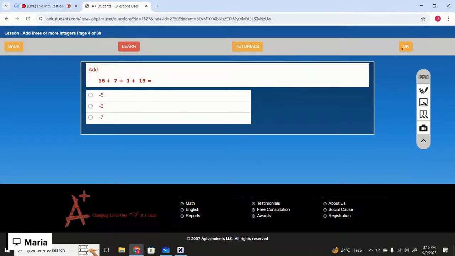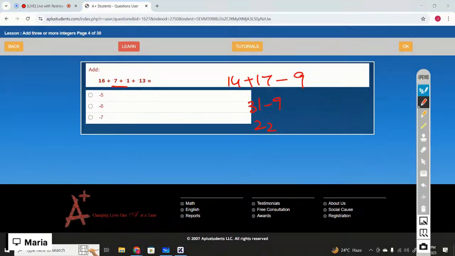16 plus -7 minus 1 minus 13. -13, -7 is -20 and 1, -21. So 16 minus 21.